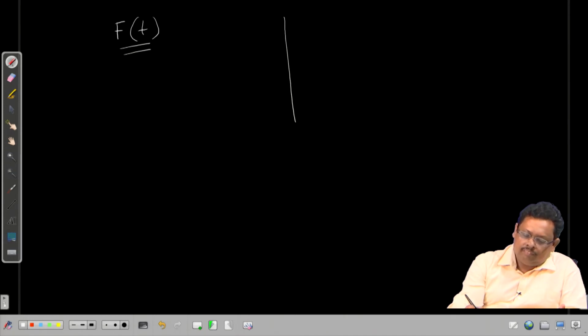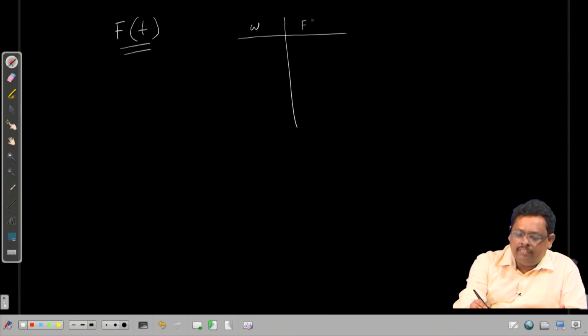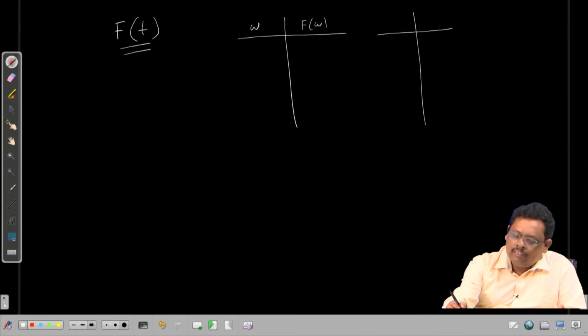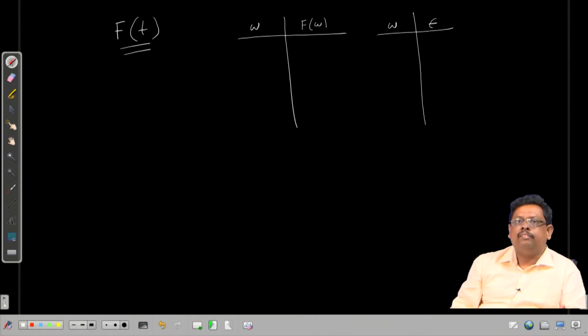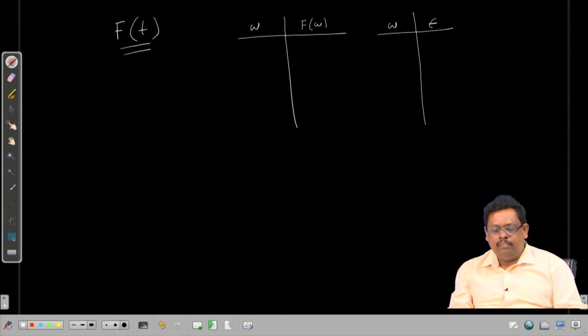One is, at each omega, what is the exciting force f of omega, and also at each omega, what is the value of the phase, or you can say epsilon. This data is always there in any kind of frequency domain solver.